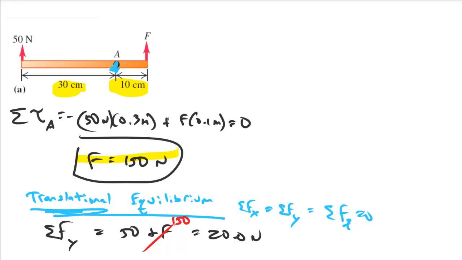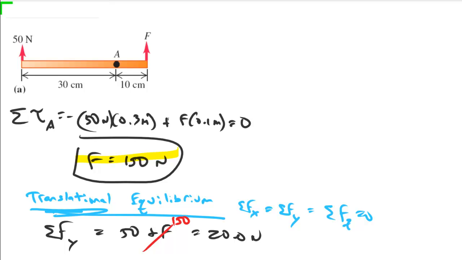And later on, if I ask to put it in equilibrium, or what's the force for it to be in equilibrium in general, that means both translational equilibrium and rotational equilibrium, if that's possible. But we're just determining if it is in translational equilibrium.